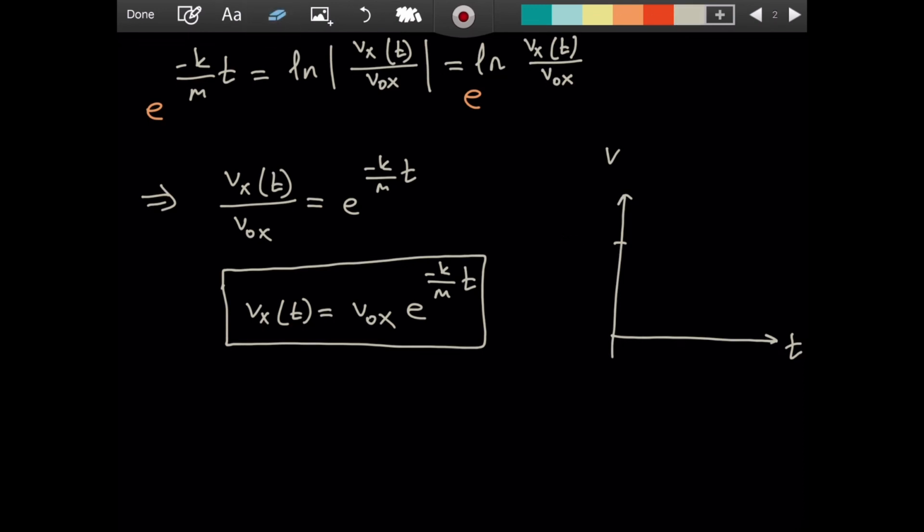This will be decreasing exponentially. There is a horizontal asymptote at 0, because as t approaches infinity, the vx function approaches 0, as you can see from the sketch that we have just made.